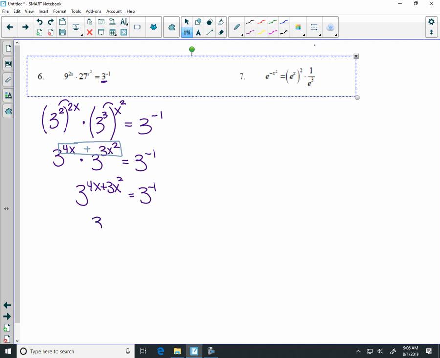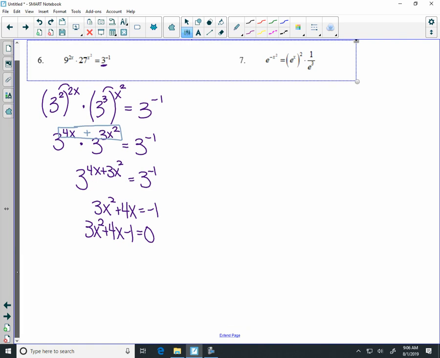I'm going to reorder a little bit: 3x squared plus 4x equals negative 1. I need to set this equal to 0 so I can factor here. And factor masters can fly through this. Oops, I brought that 1 over.